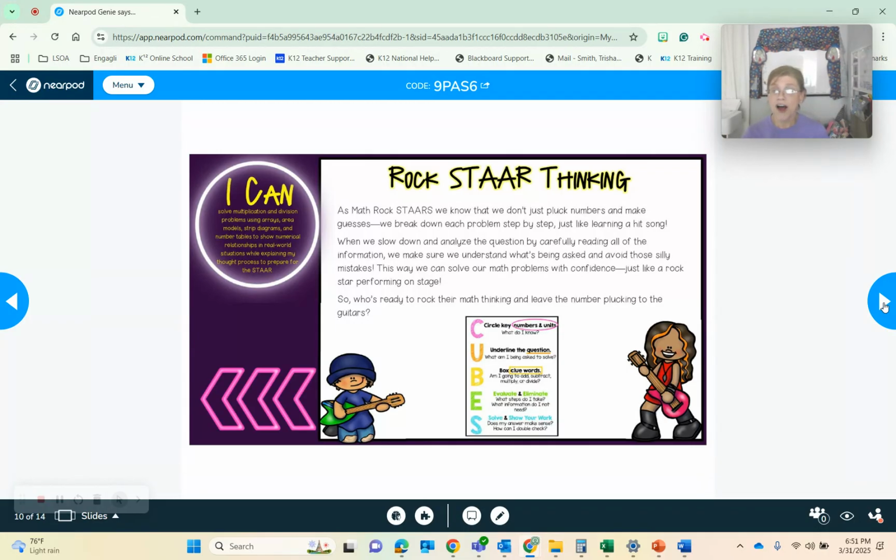This way, we can solve our math problems with confidence, just like rock stars performing on stage. So, who's ready to rock their math thinking and leave the number plucking to the guitars? I hope you guys are.